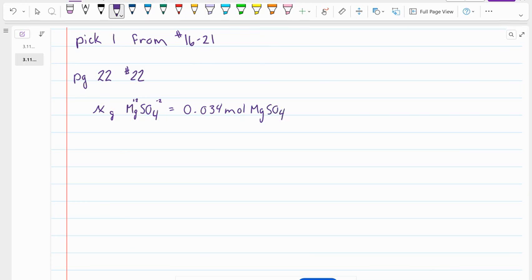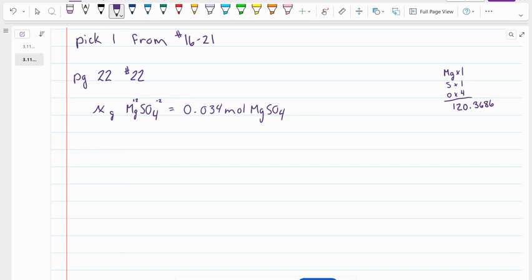And we know, because off to the side, we can look at magnesium times 1, sulfur times 1, oxygen times 4. And when we add that up, we get 120.3686 as our molecular mass.